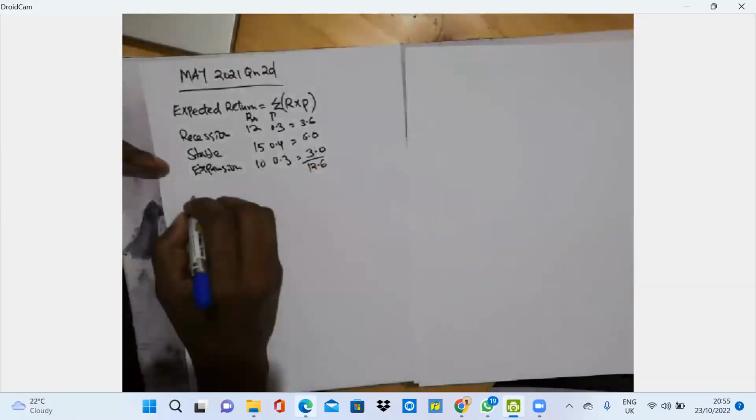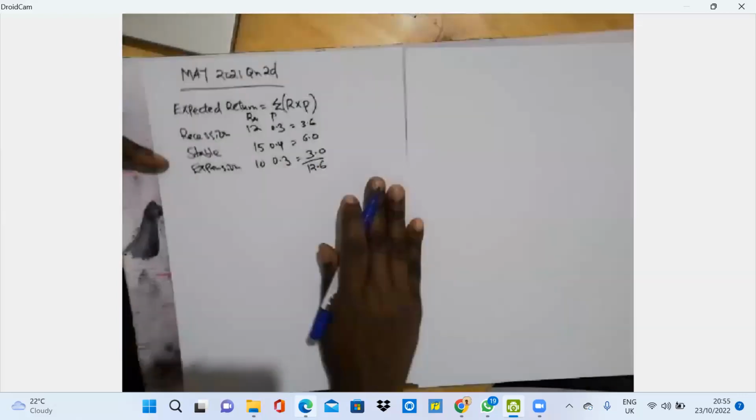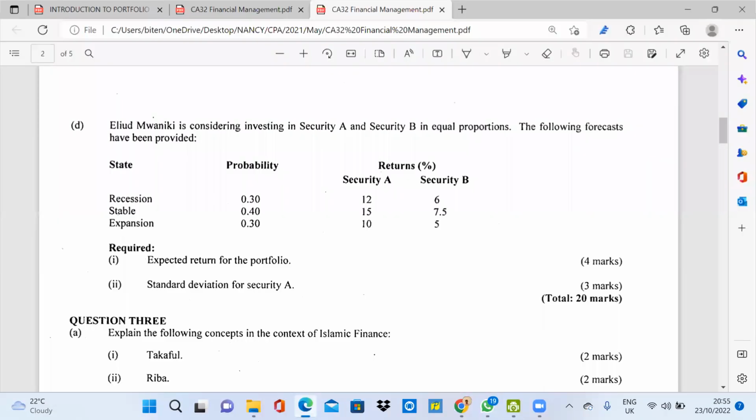Then for security B, the returns are 6, 7.5, and 5.